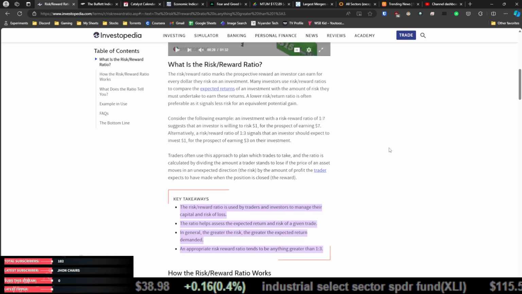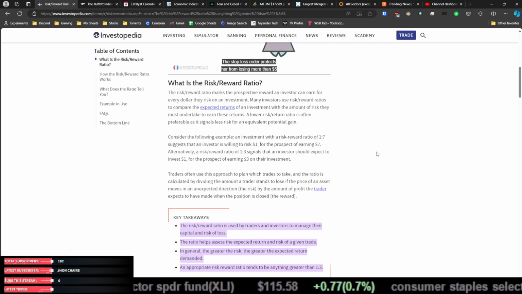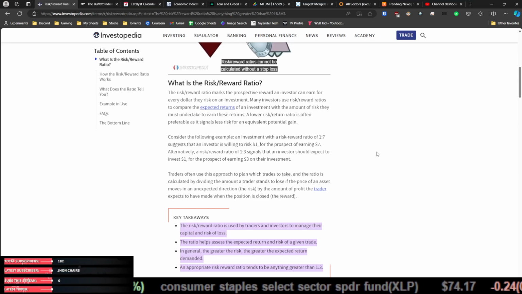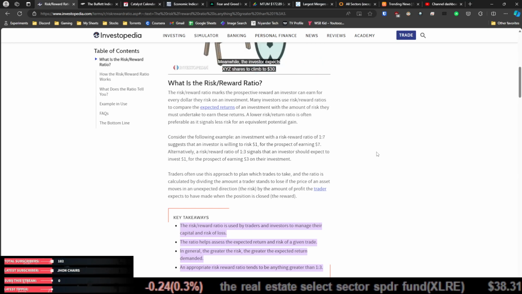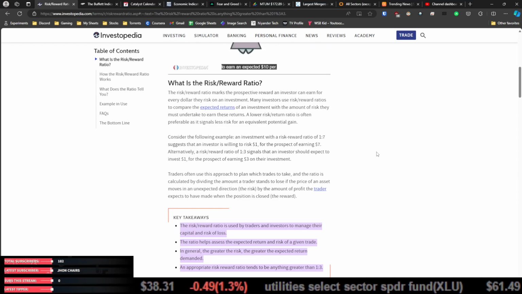So with that considered, risk ratio is basically the way you can determine an investment and if the risk is worth taking. Consider the following example: an investment with a risk reward ratio of 1 to 7 suggests that the investor is willing to risk $1 for the prospect of earning $7.